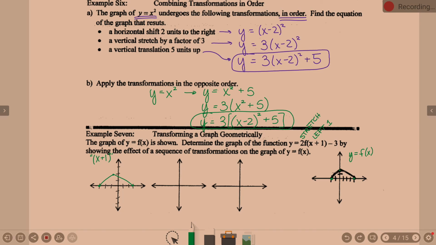So this one, we're doing the 2 times f of x, if you will. Now, let's see. Still going to go 3 left, 3 right, 3 down. I think you need to make sure you go at least 4 up.